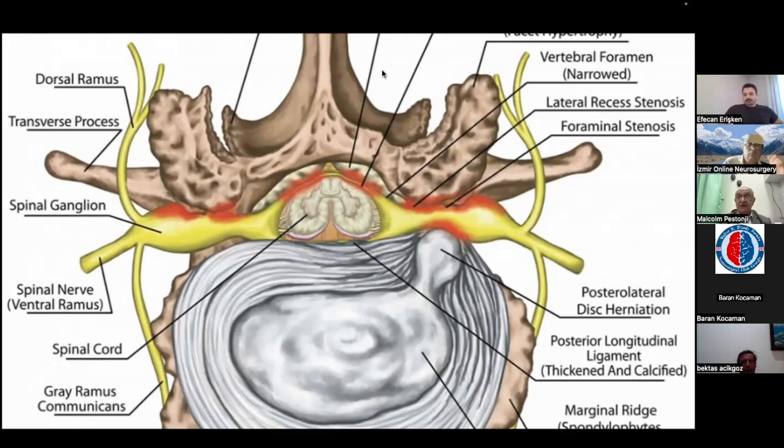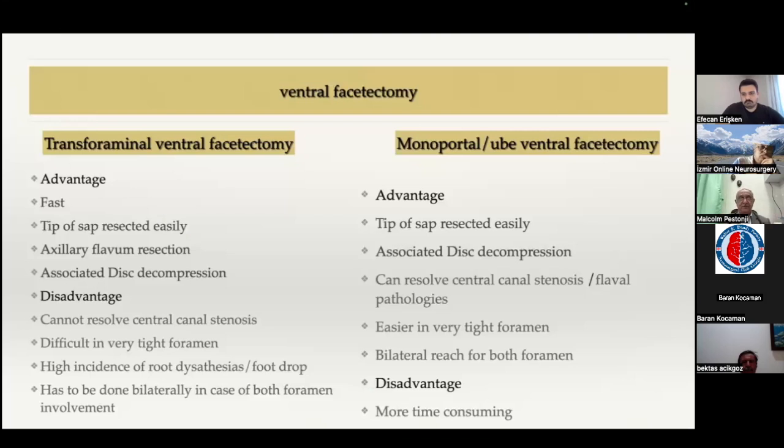So I would prefer to then combine two approaches, one posteriorly and one posterolaterally. So depending on where the pathology is and depending on the inclination that you can work with, the sector you can work, that should make you take an informed choice about your approach.